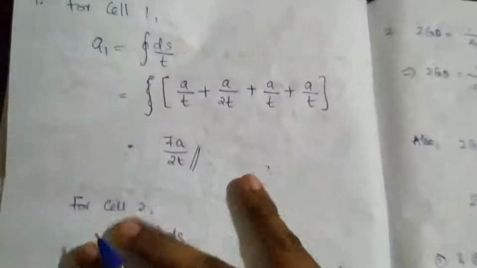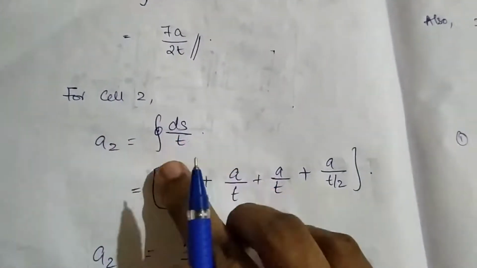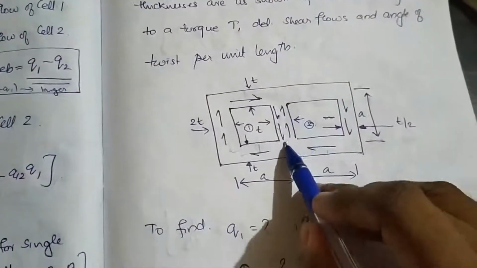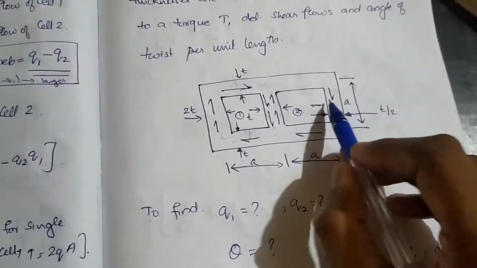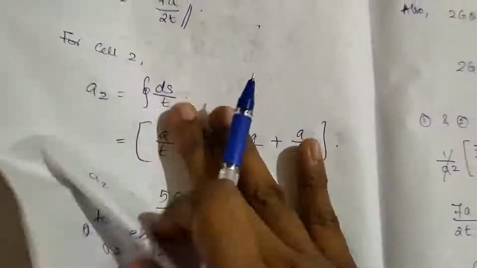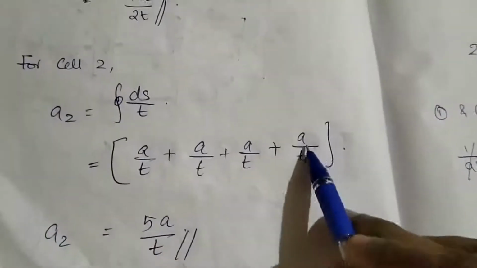That will give you delta 1. Similarly for cell 2 you find the same thing. Okay, this distance by thickness, this distance by this thickness, this distance by this thickness, this distance by this thickness. Okay, then you will get here, this is t by 2. That means this section is a by t by 2.